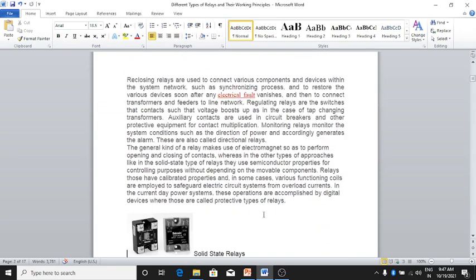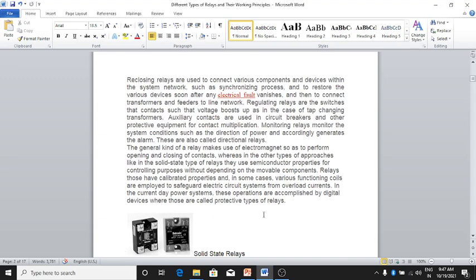Reclosing relays are used to connect various components and devices within the system network, such as in synchronizing processes, and to restore the various devices soon after any electrical fault vanishes.